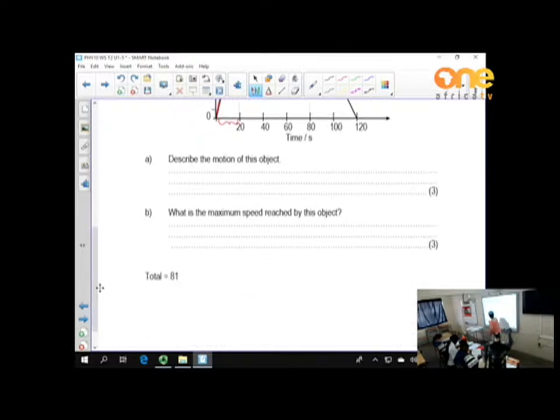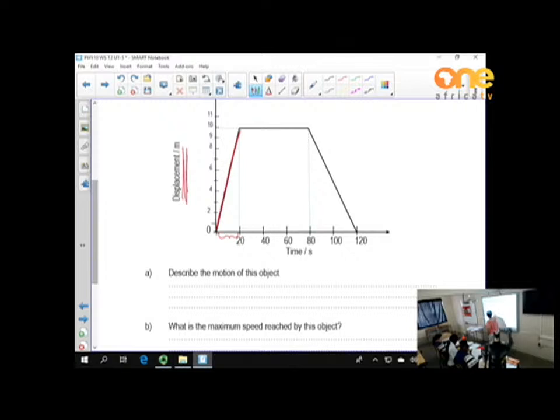And then we carry on. What's happening over here? We are standing still for the next 60 seconds. We have stopped. 20, 40, 60 seconds. And then what has happened?